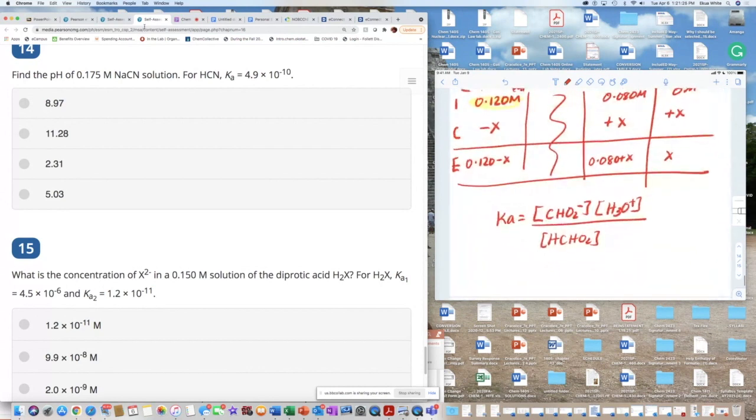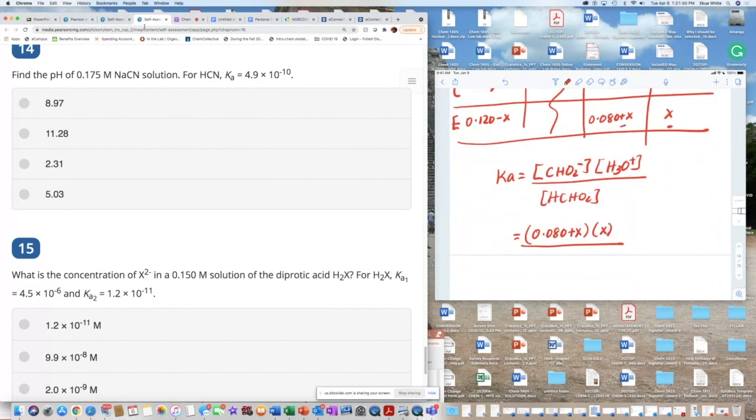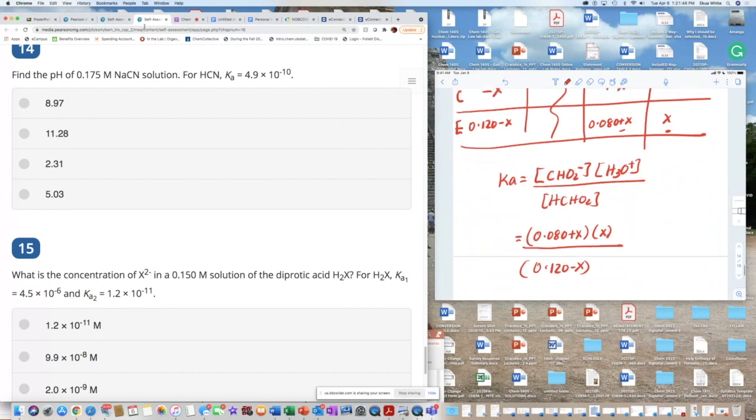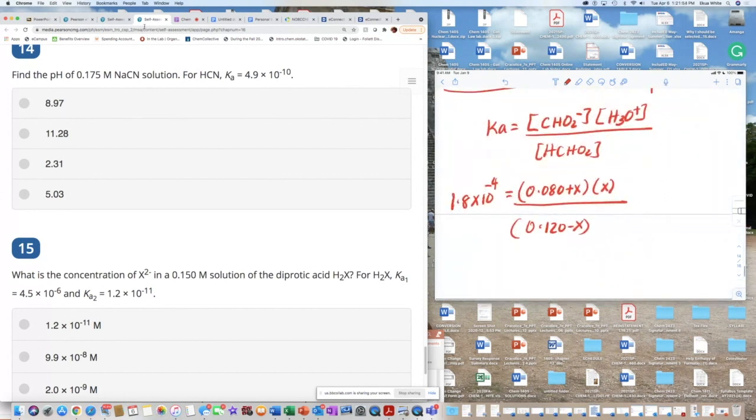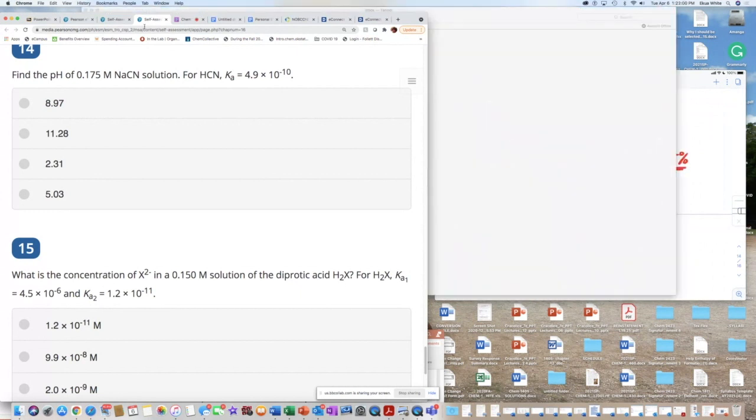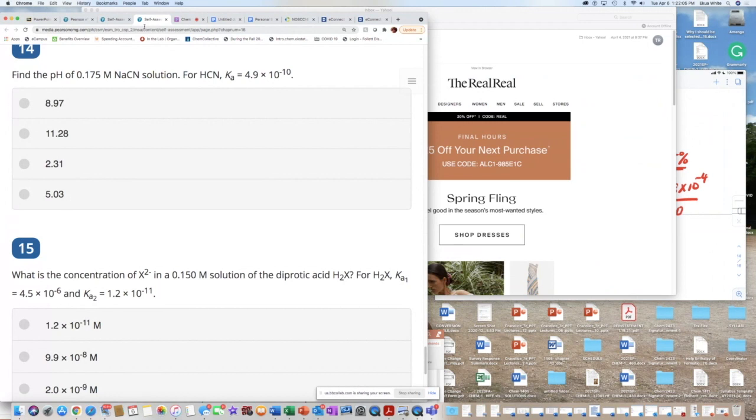Then at equilibrium, this number here is 0.080 plus x, and 0.120 minus x right here. And then we've got Ka. What's the Ka number again? 1.8 times 10 to the negative 4. This is the moment I've been waiting for. Is the 5% rule going to pass? Please pass to make our math easier. Okay, 5% rule. 1.8 times 10 to the negative 4, and then 0.0.